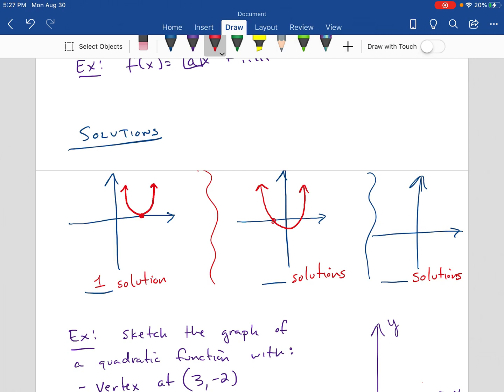Again, you're looking at your x-axis and it passes that x-axis. You have 2 x-intercepts here, it crosses twice, so that is 2 solutions. This is the same thing when it is a backward U. And then finally, you might have something like this, where it doesn't cross the x-axis at all. So this is no solutions.